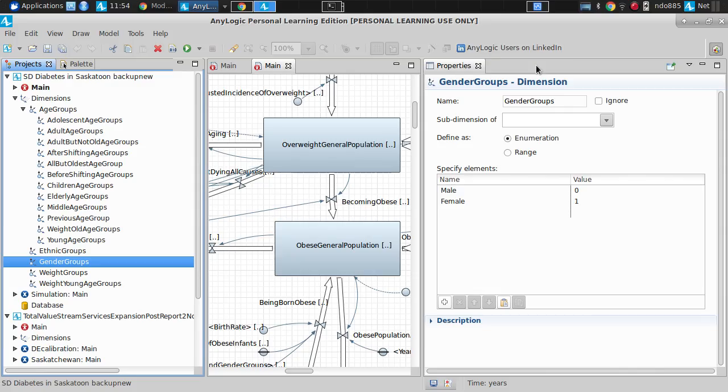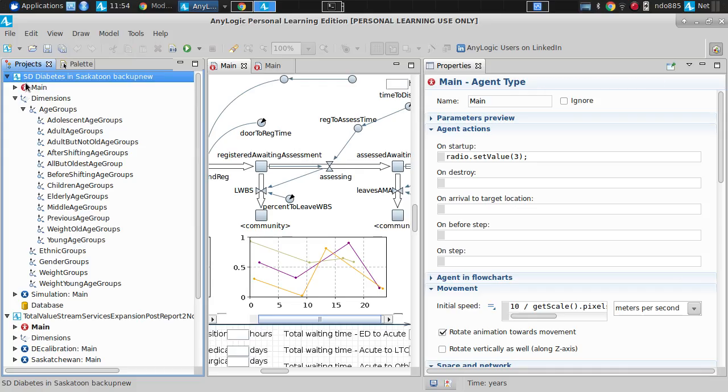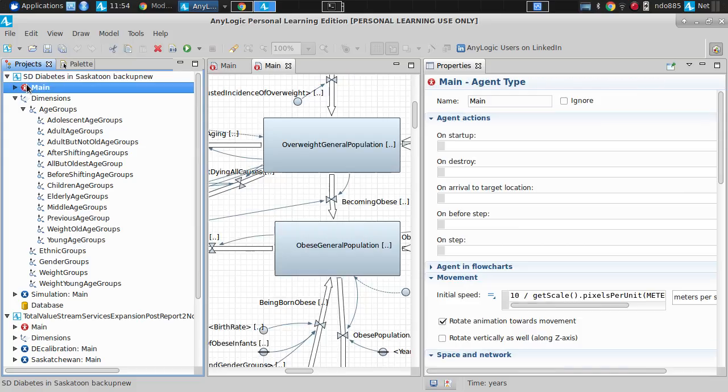So this is a model which depicts a stratified version of the population. In contrast, that previous model just had one stock, one number for the number of people registered to weight assessment. This new model has it broken down by age group, gender, and ethnicity, and that allows for greater descriptive ability to characterize the data.